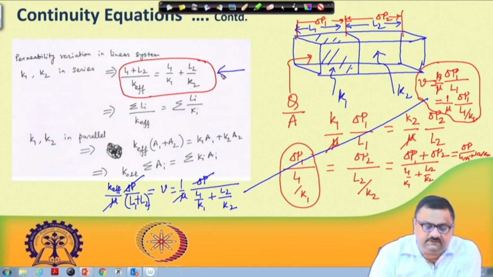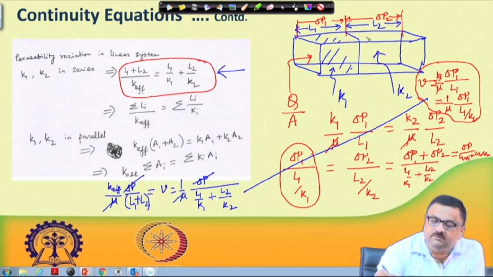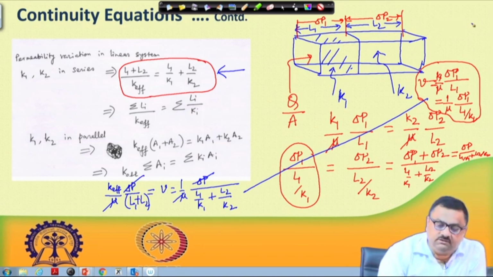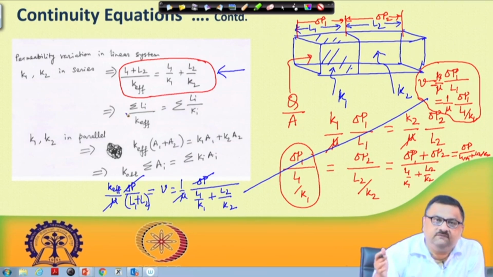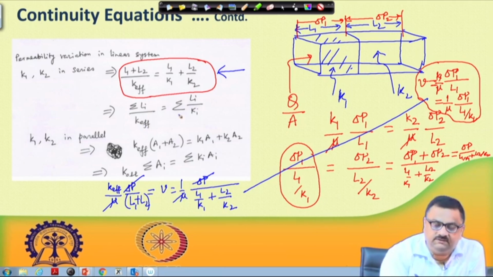So, this you can generalize in the sense, suppose I have multiple sections, not just L1 and L2, I have L3, L4 like this, several sections. So, you can write this as sum of Li, i running from 1 to n if there are n different permeability sections, divided by the effective permeability, is equal to sum of Li by Ki.